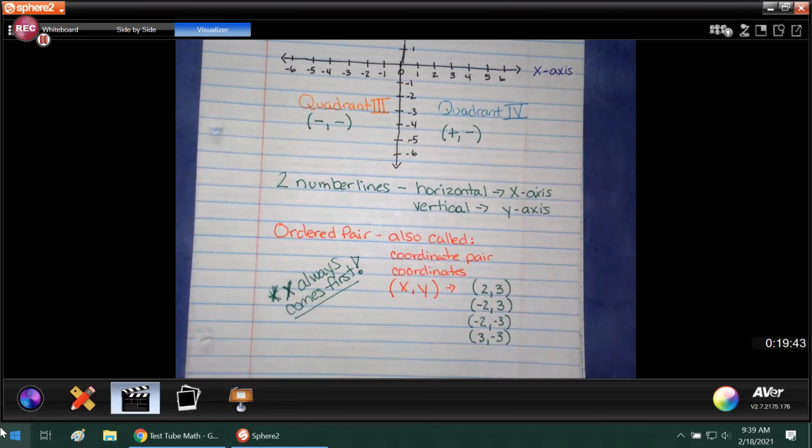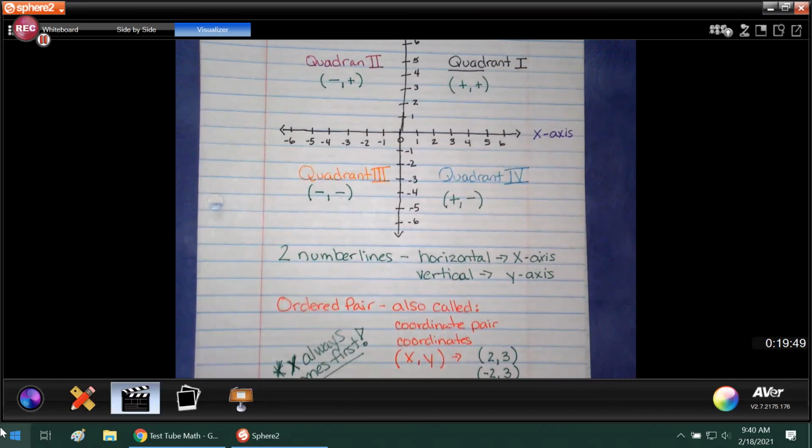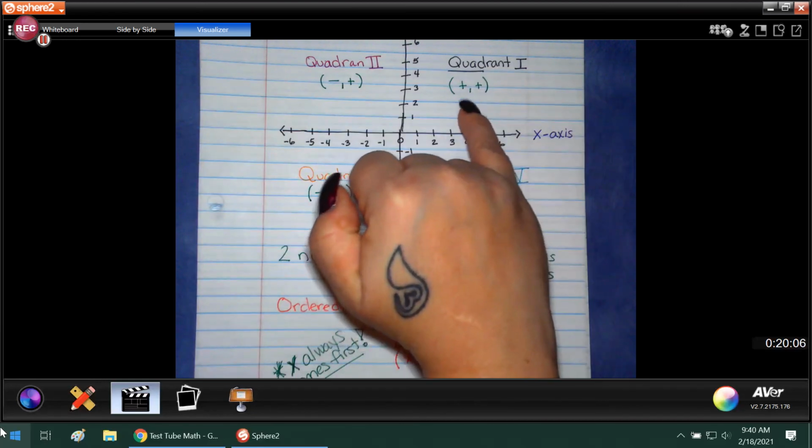Okay, so that is how we make a coordinate plane, and you've gotten your notes for it. Make sure you have this in your notebook so that you can refer back to it, because we're going to be working with this coordinate plane for a little bit. So you need to be able to remember it. You need to memorize that the quadrants go in counterclockwise order.